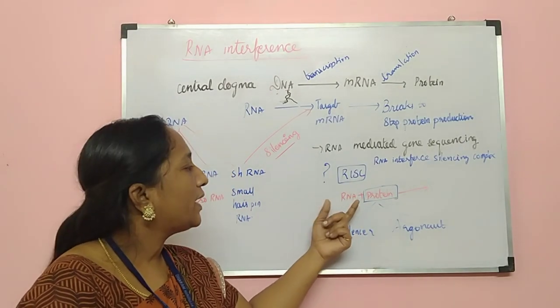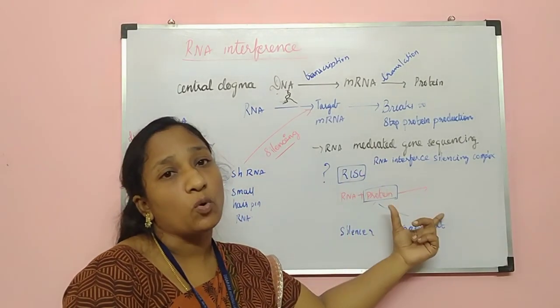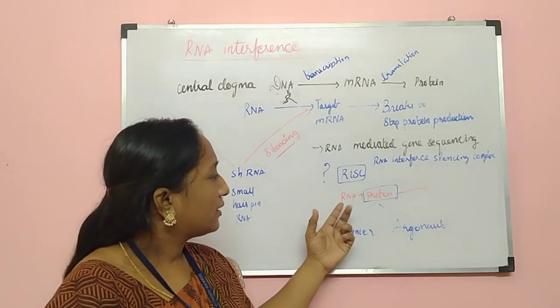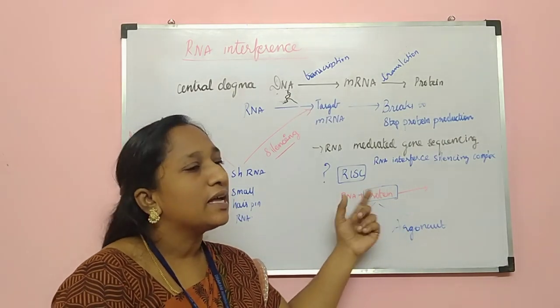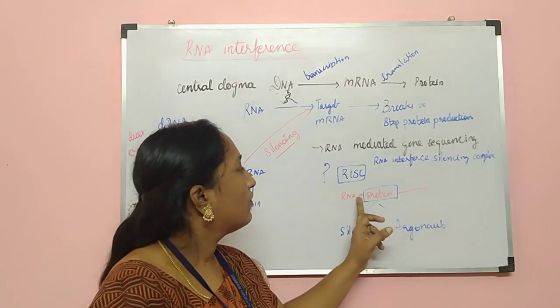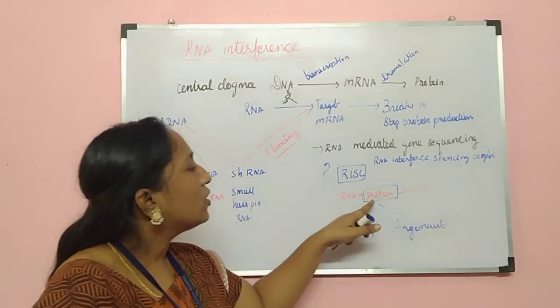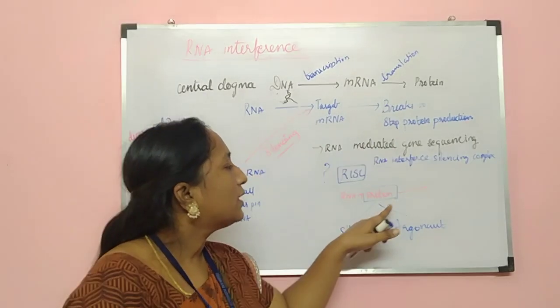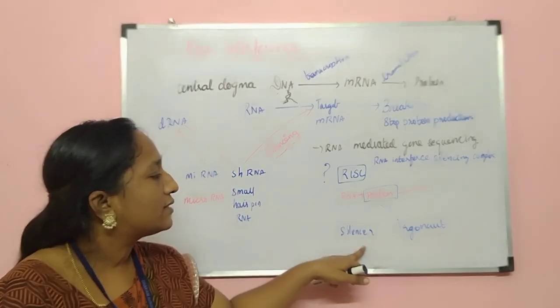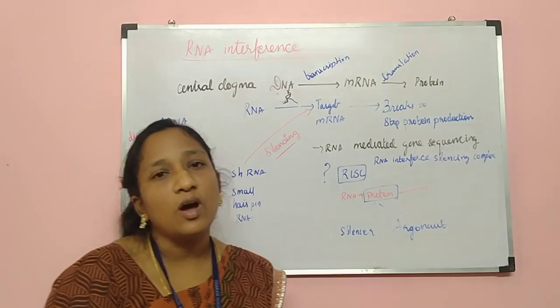The scientists combine RNA with certain proteins, and then they attack the mRNA. What would the protein be? It would be silencer or Argonaute.